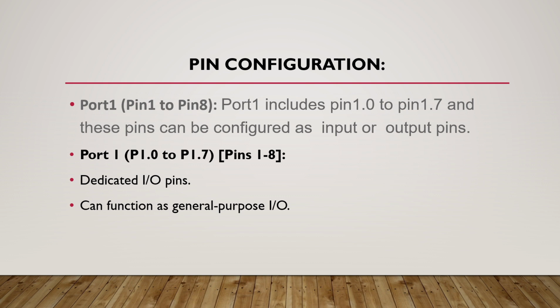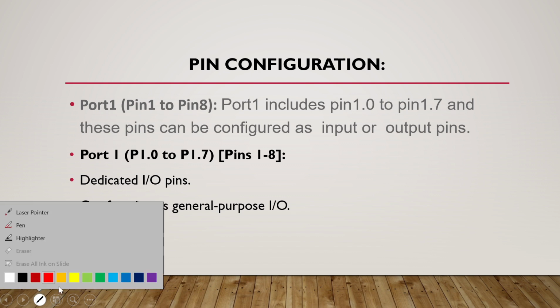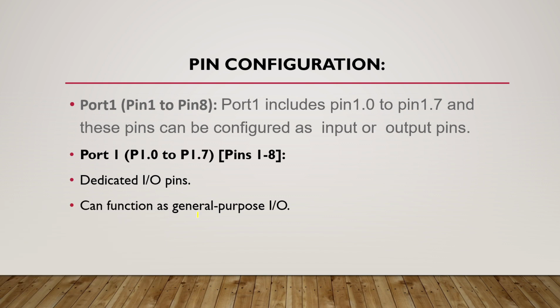For example, in port 1 we can use input pins or output pins, because we can give input to the microcontroller and we can take output from the microcontroller. These dedicated input output pins can function as general purpose IO pins, which will be used in different outputs or different configurations also.